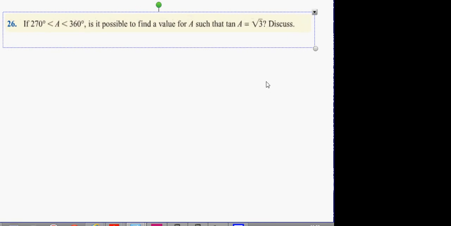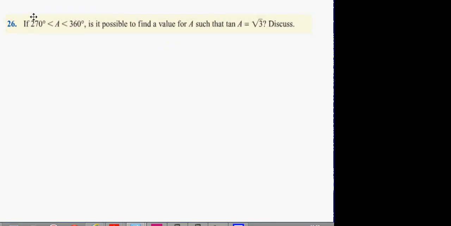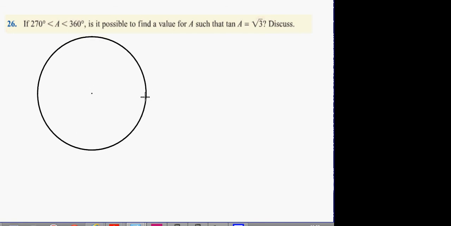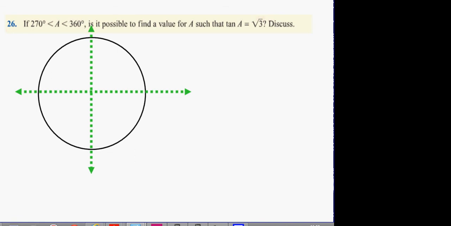Question 26. If A is greater than 270 and less than 360, is it possible to find a value for A such that tan A is equal to root 3? Discuss. Okay guys, listen up. ASTC. This means that the answer has to be a fourth quadrant answer.